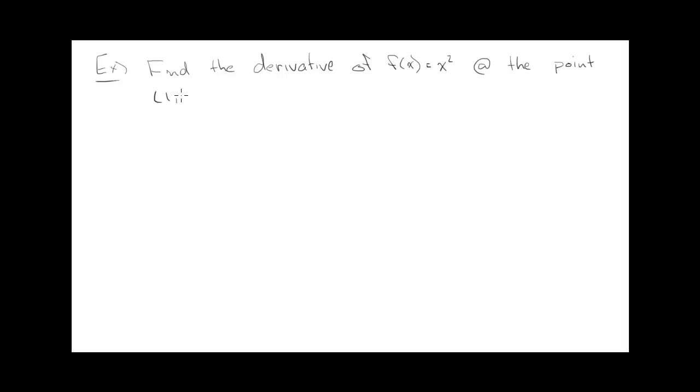Let's do 2. So what we're going to do is f prime at 2 equals the limit as h goes to 0, and it's that same thing. f at 2 plus h, so normally it's a plus h, but a in this case is 2, minus f at 2 all over h.